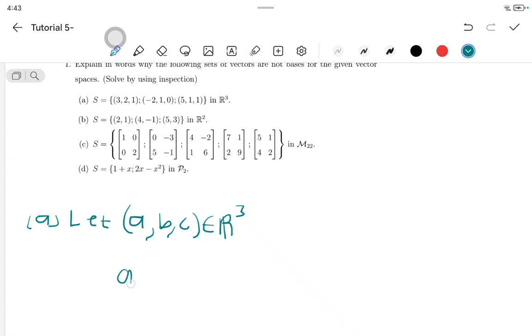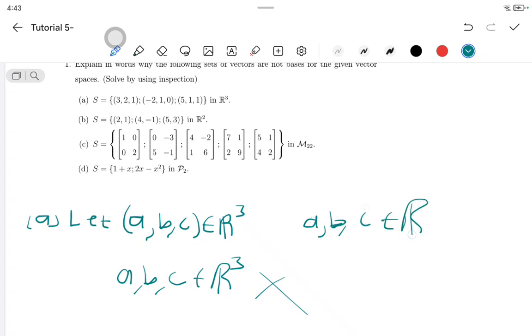If someone comes and lets this, it is wrong. You see, right? This is wrong. It should be in a space. The moment we have R2, R3 and above, it should be in a space. If we come and let this, it is wrong. You see, right? Because here they're talking about R3.